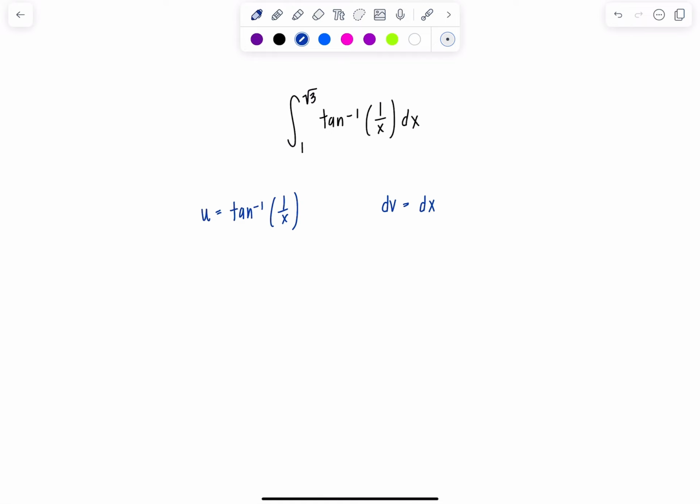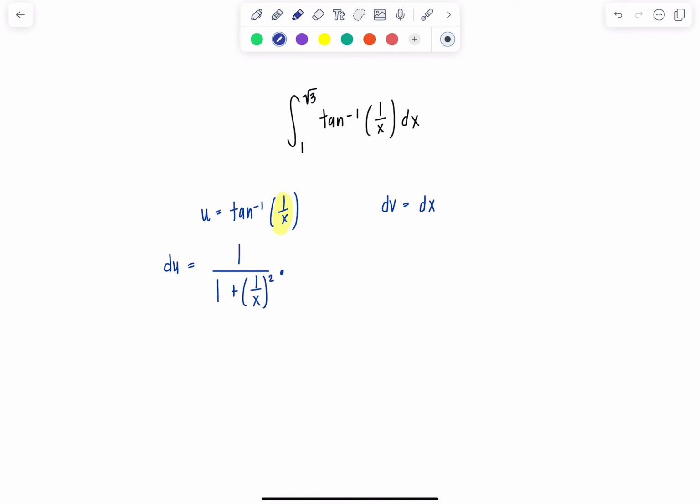So the next step is I need to find du. Remember, derivative of tan inverse of something is 1 over 1 plus the something squared, and then we have to use the chain rule. So I have to multiply by the derivative of the something, in this case 1 over x. What's the derivative of 1 over x?